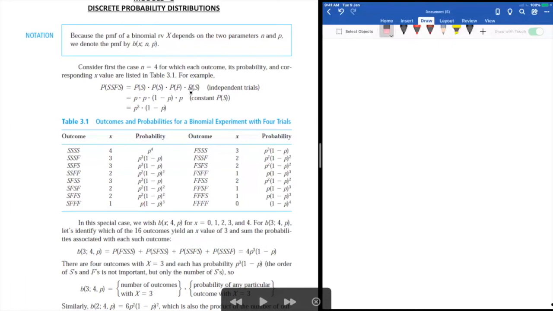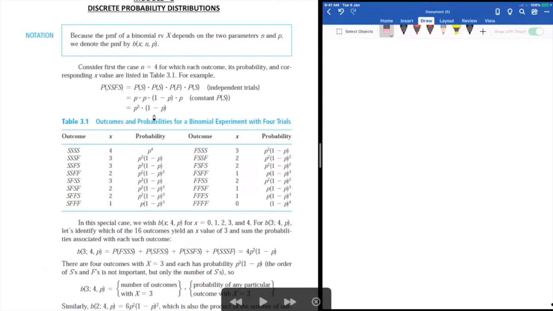Since each trial is independent, the probability of success is P, the probability of success again is P, and the probability of failure is equal to 1 minus P, or simply Q. And the last one, the probability of success is P. The total probability of the random variable X taking the value SSFS is equal to P cube into 1 minus P.